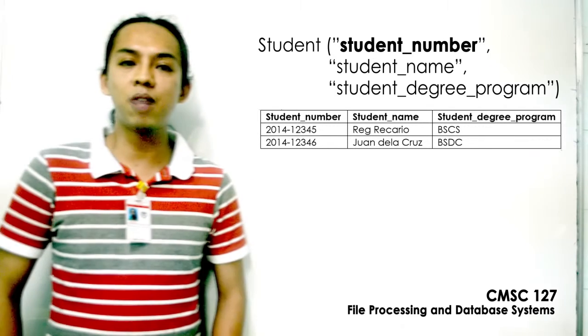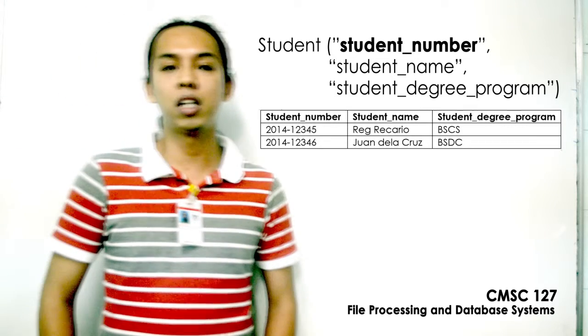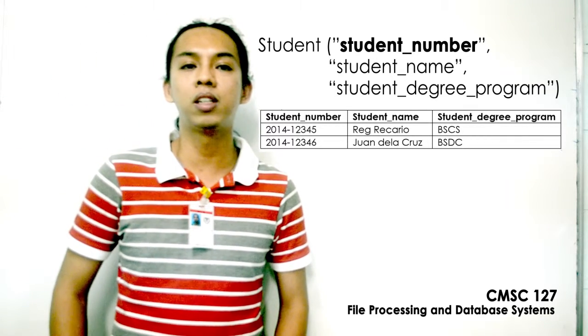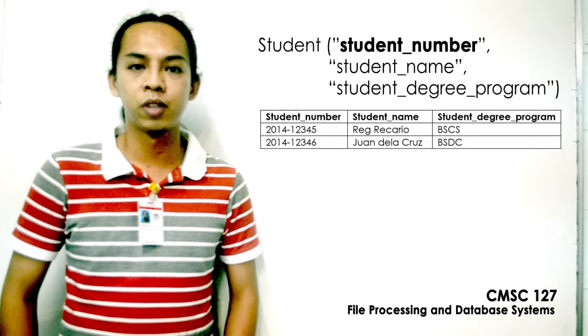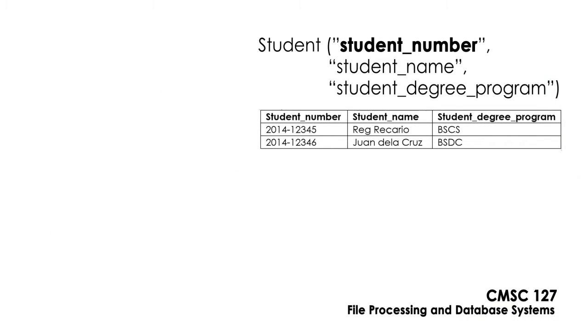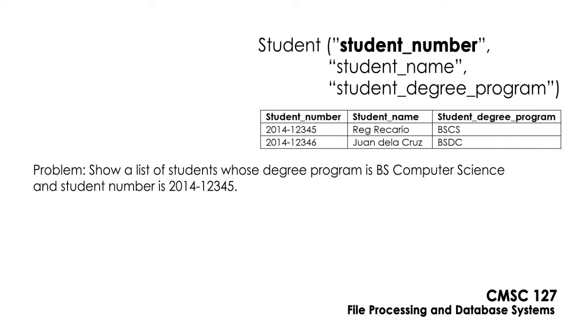Now, it's time for you to answer this question and try to see if you were able to understand the select operation. Suppose that we want to see a list of students whose degree program is BS Computer Science, and say, for example, their student number is 2014-12345.